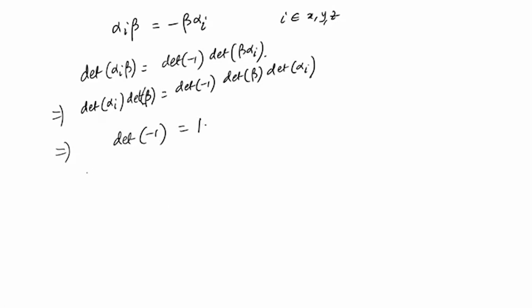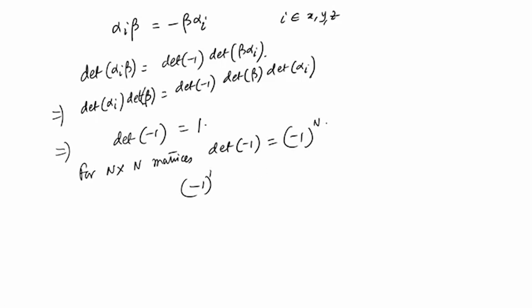Okay. Now, for general n by n matrices, the determinant of minus 1 is equal to minus 1 to the power n, and this can become equal to 1 only for n equal to 2, n equal to 4, n equal to 6 and so on.